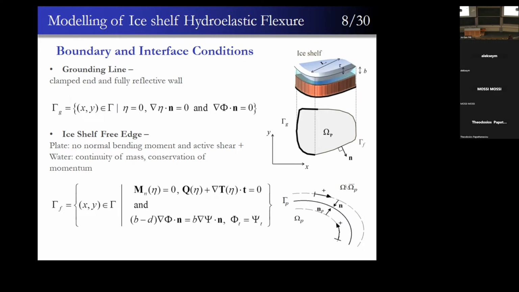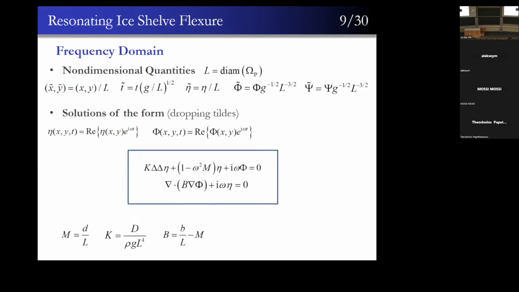In the water at the free edge, we have continuity of the velocity potential outside the ice shelf, and inside it is actually the time derivative in the time domain, and continuity of the flux, again taking into account the variability in the bathymetry due to the ice shelf draft.